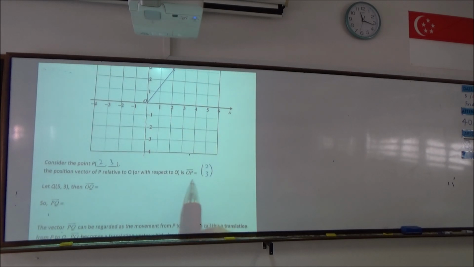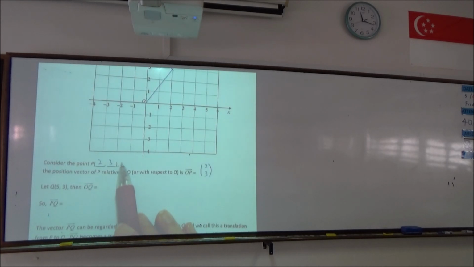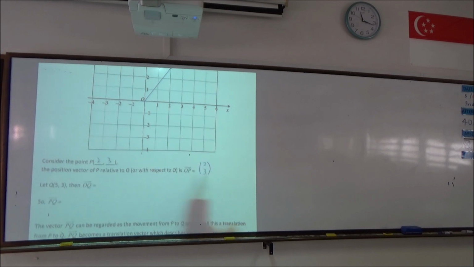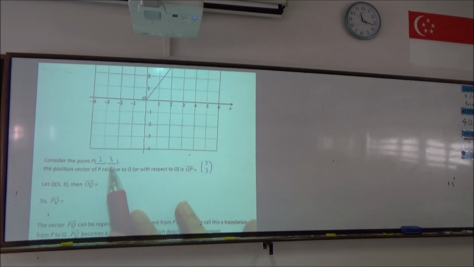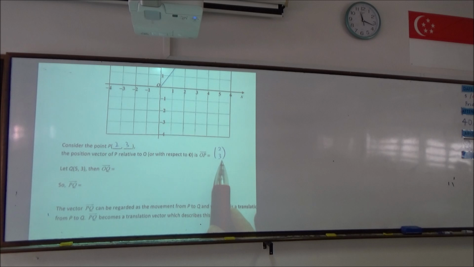For a position vector, because it's relative to O, we tend to write it as OP. So the point P has a coordinate 2, 3, but to express it as a vector, we write OP with an arrow on top, equals 2, 3. It's similar to how our coordinates were presented, just that this is somewhat like a matrix form, a column matrix.